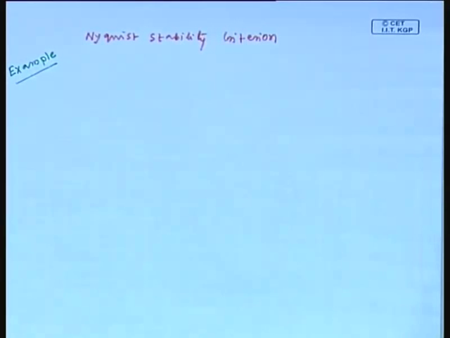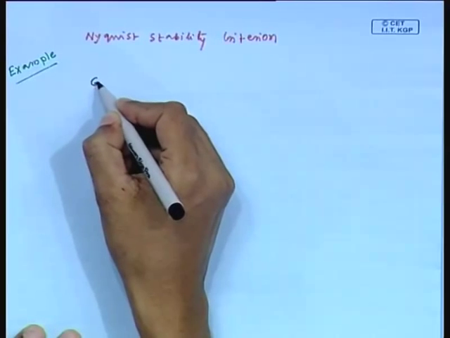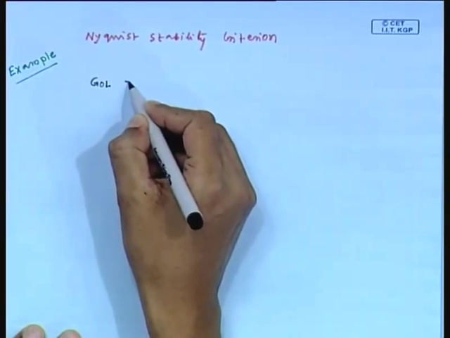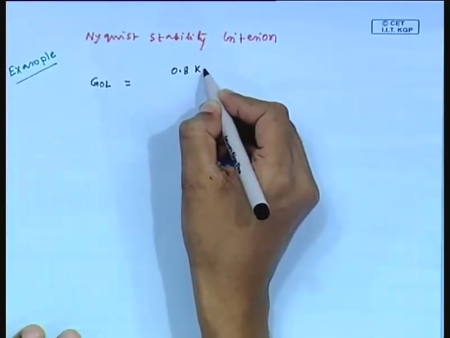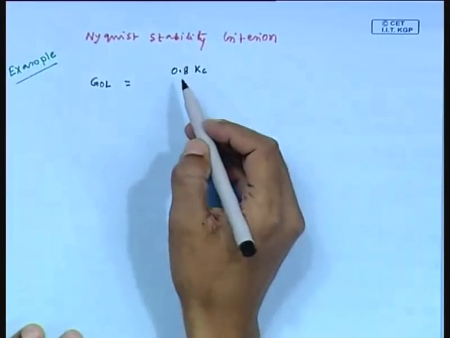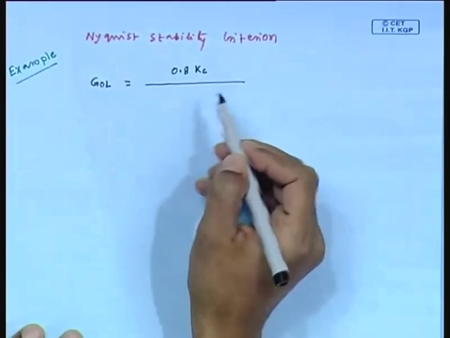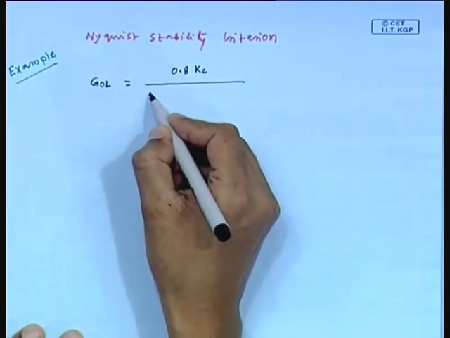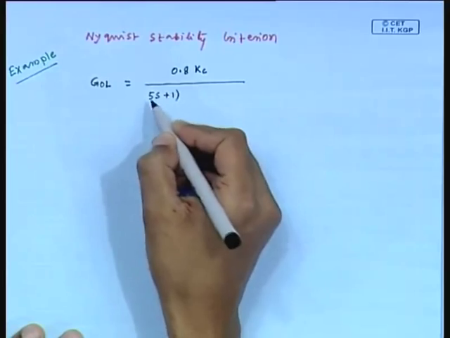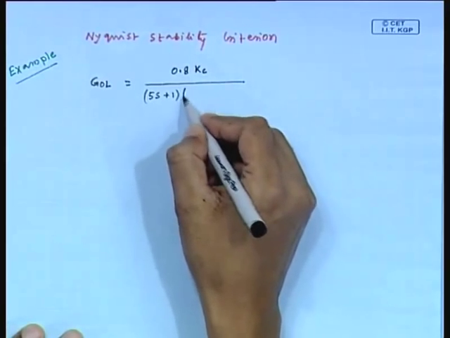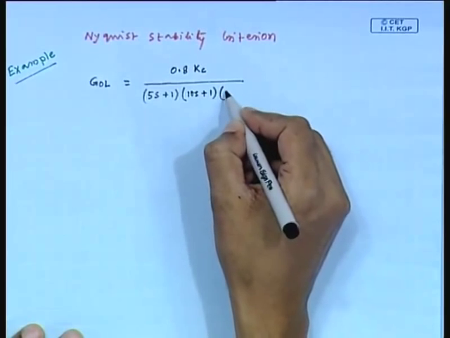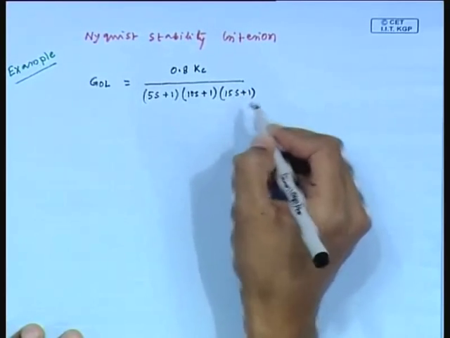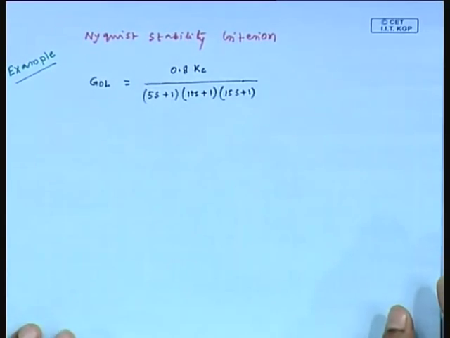Now, the open loop transfer function is given as 0.8 Kc divided by 5s plus 1 multiplied by 10s plus 1 multiplied by 15s plus 1.